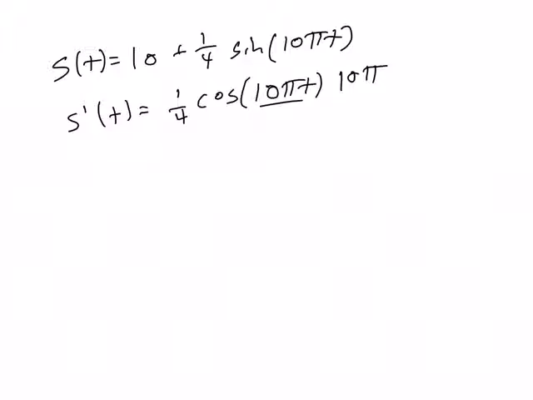Okay, I am going to do the next one. If the equation of motion of a particle is given by s is equal to A cosine of omega t plus delta, the particle is said to undergo simple harmonic motion. So find the velocity of the particle at time t.